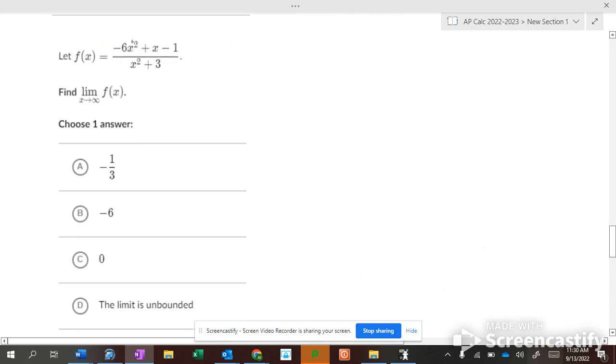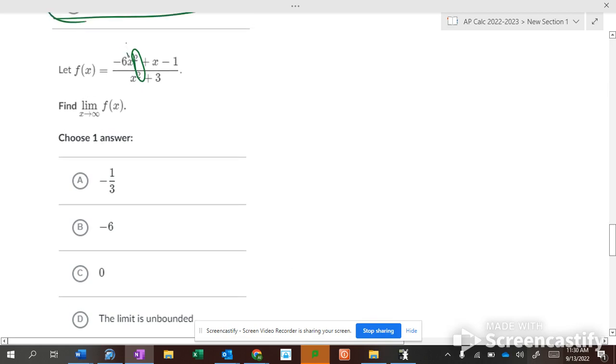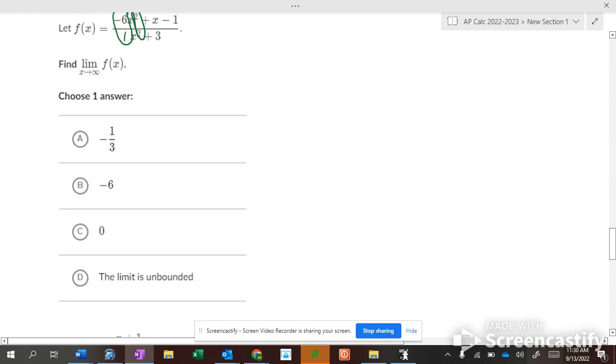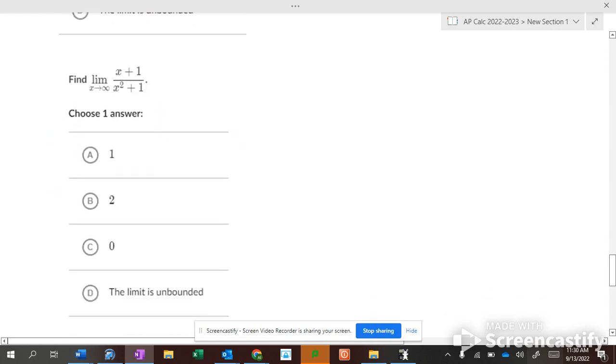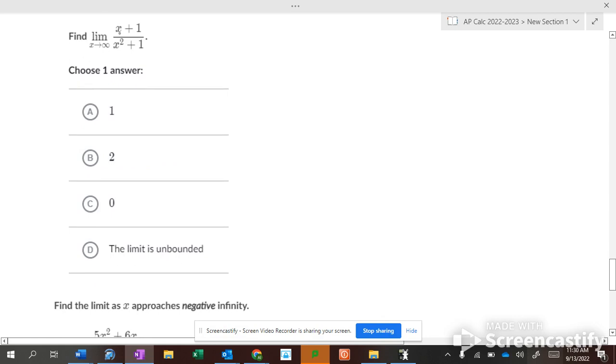If the highest powers of each are equal, then you use the coefficients of the highest power. What's -6 over 1? -6. If the power in the denominator is higher than the power in the numerator, then the limit is 0 because it'll go towards the x-axis, whether it goes towards infinity or -infinity.